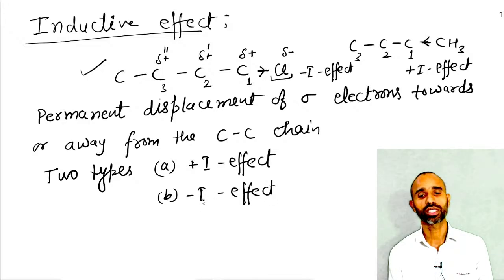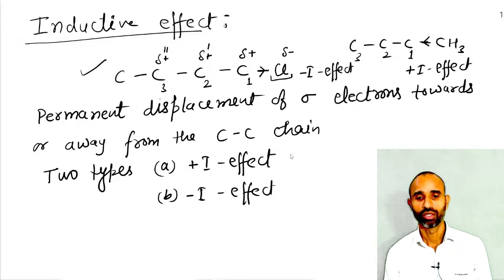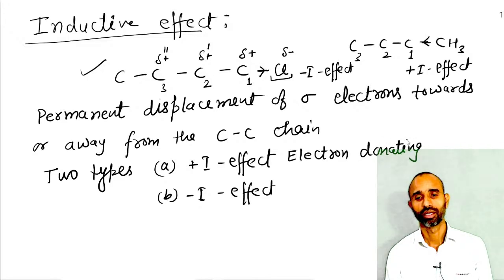So plus I effect means electron donating groups are attached.